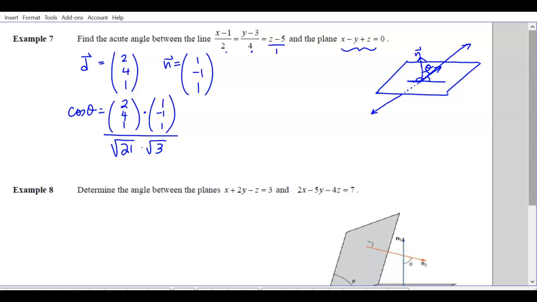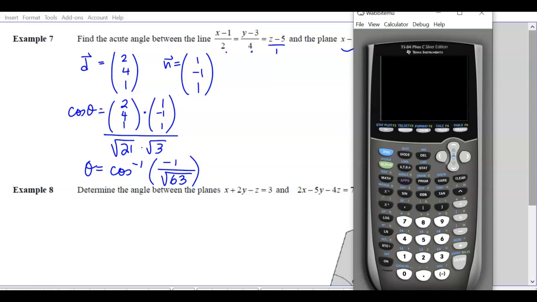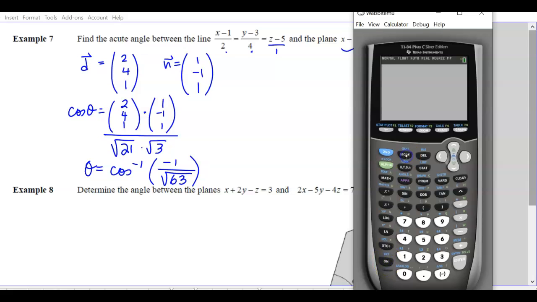Okay, so theta will be inverse cos of 2 minus 4 is negative 2 plus 1 is negative 1 over root 63. You don't have to simplify, I'll show it as root 63, so it's just one thing to enter in our calculator. Just make sure you're in degree mode. Second cos, negative 1. Because the numerator is negative, you're going to get an obtuse angle here.